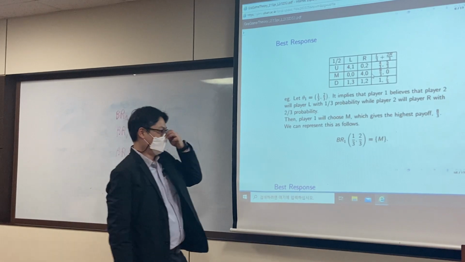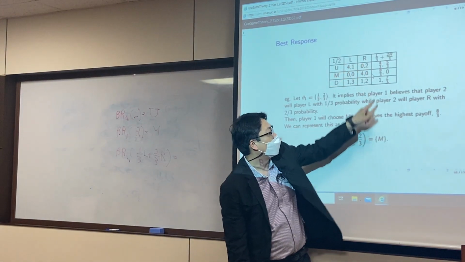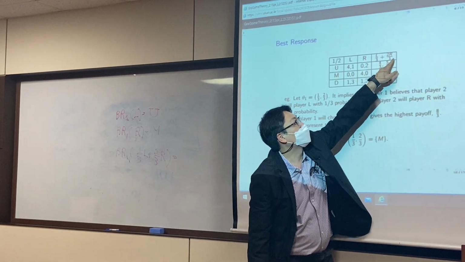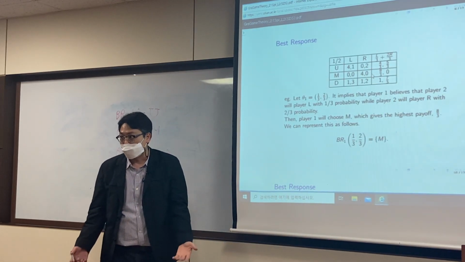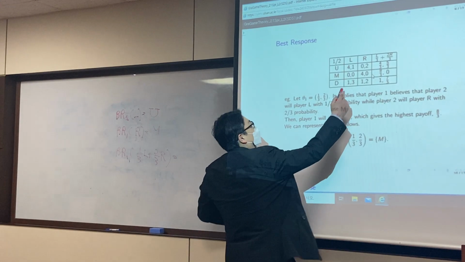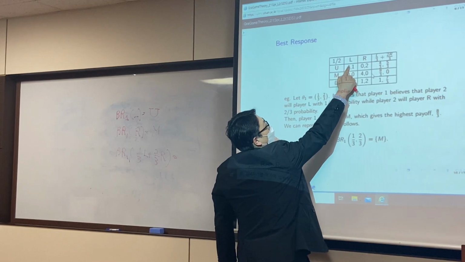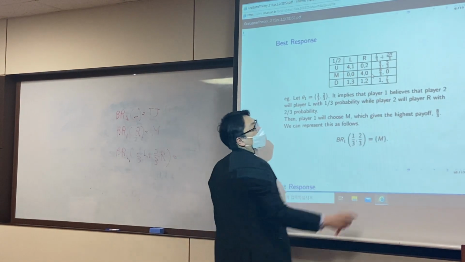Then, because I believe you are mixing L and R with this probability, I can make an expected payoff. If I believe you are mixing 1/3 and 2/3, then 4 times 1/3, plus 0, so that's 4/3.